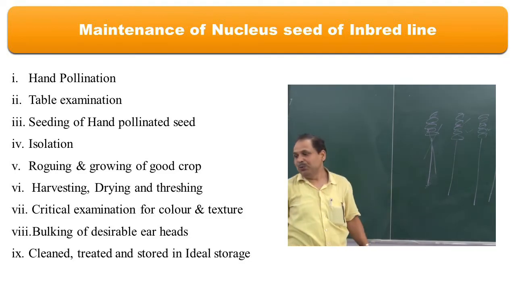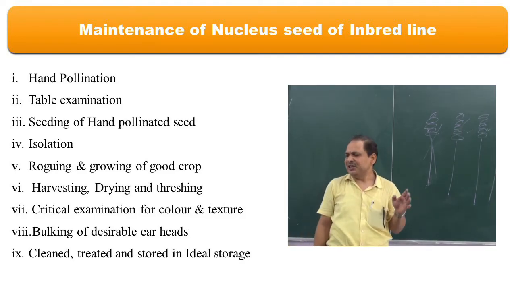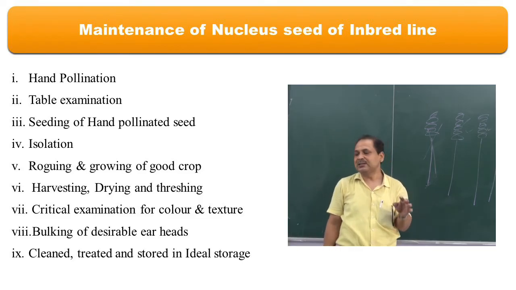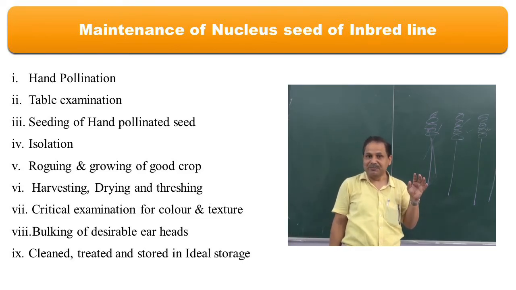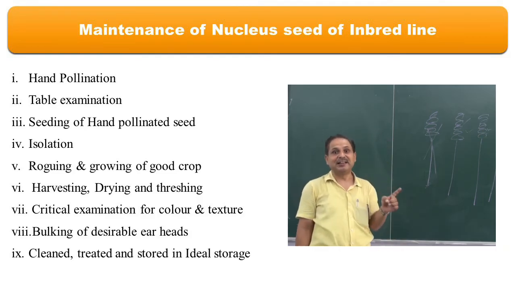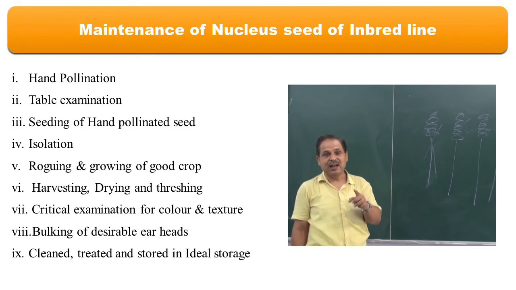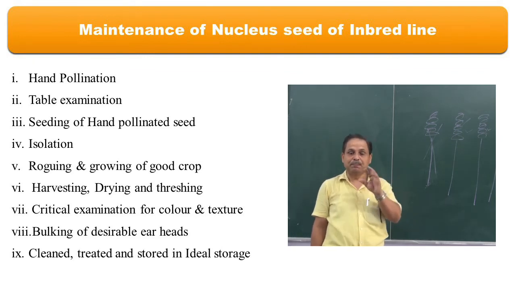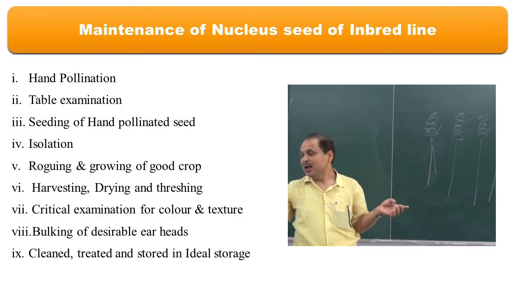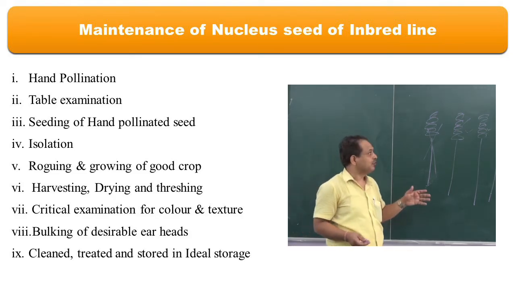This way we maintain genetic purity, and critical examination for colors and texture is very essential. If there are any differences in colors or textures, it must go for self-pollination again. Thereafter comes the bulking of seeds.